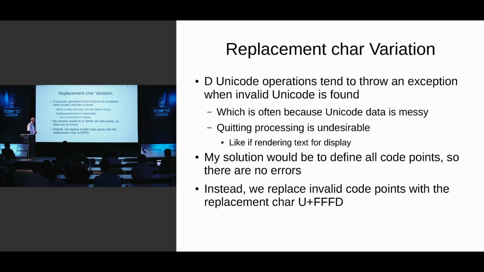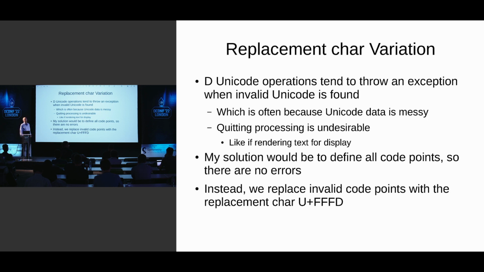Now, my solution, if I was running the world and running Unicode, would be to define all of the Unicode points. But of course, they didn't do that, and there are lots of malformed Unicode points in there possible.